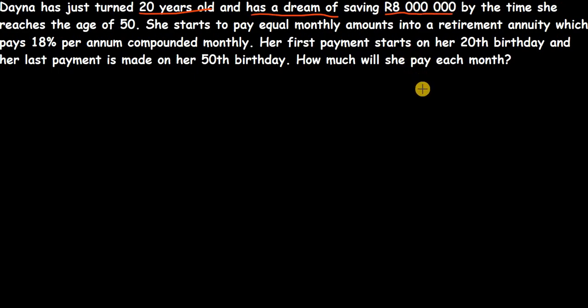Dinah wants to save 8 million by the time she reaches the age of 50. Wow, that's beautiful. So she starts to pay equal monthly installments or monthly amounts into a retirement annuity, which pays 18% per annum compounded monthly. Her first payment starts on her 20th birthday and her last payment is made on her 50th birthday. How much will she pay each month?